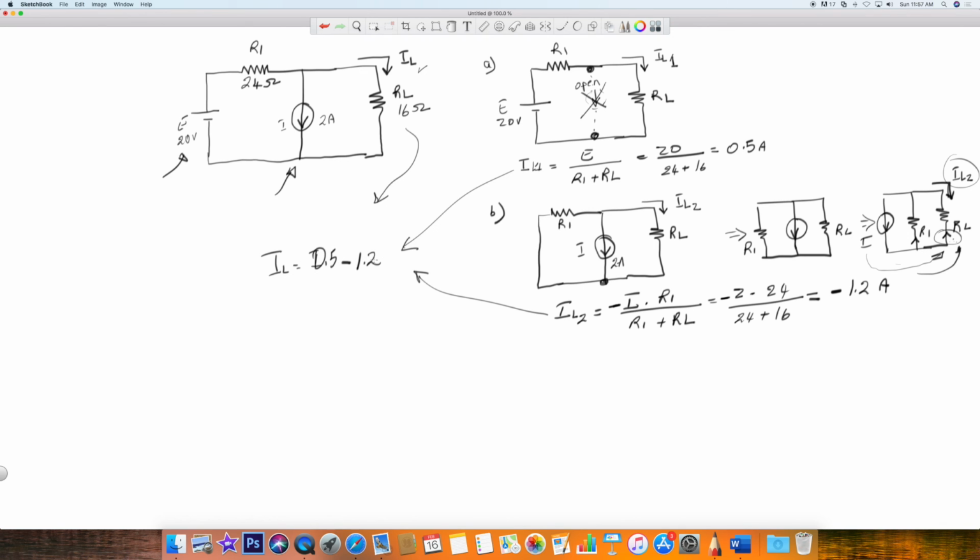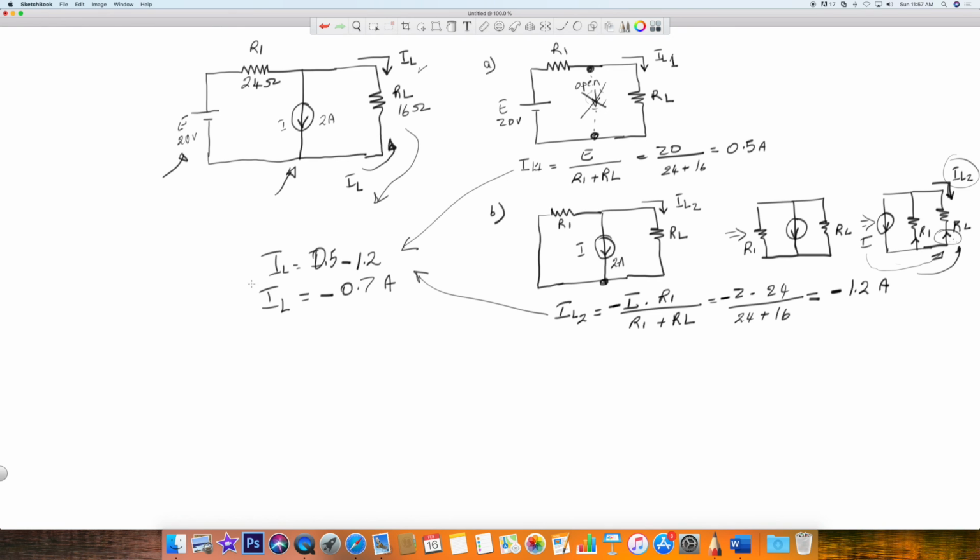So you're adding them up, and you're going to end up with minus 0.7 amp, which technically says, that's great, that's your IL, that's your final IL. Really, the current is heading in this direction. This is the true direction for IL.